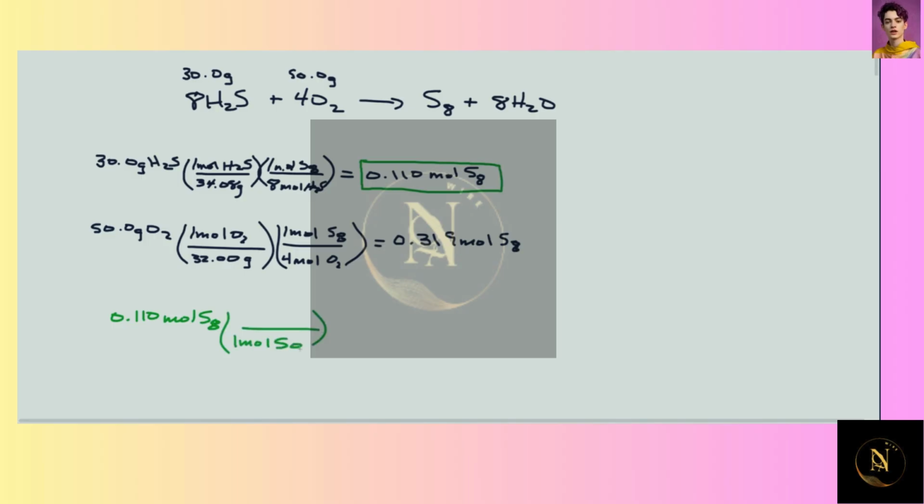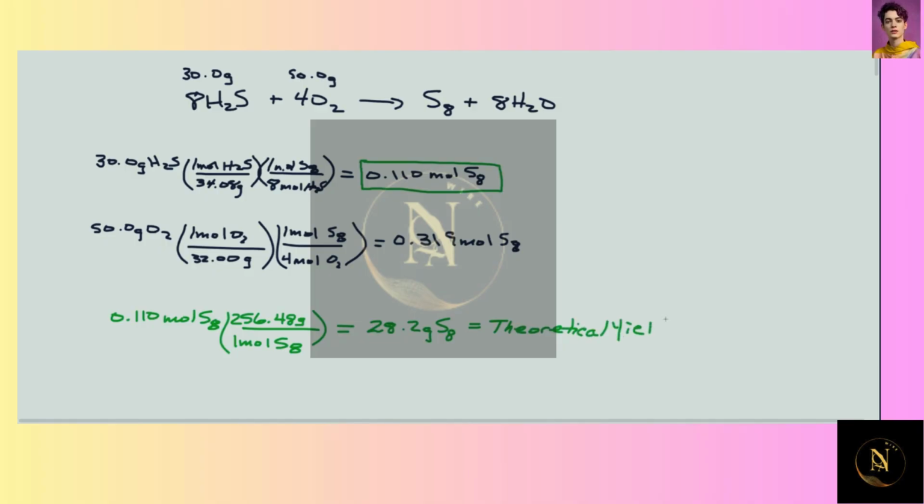So every mole of S8 is 256.48 grams. And so we still have 3 significant figures. We get 28.2 grams of S8.